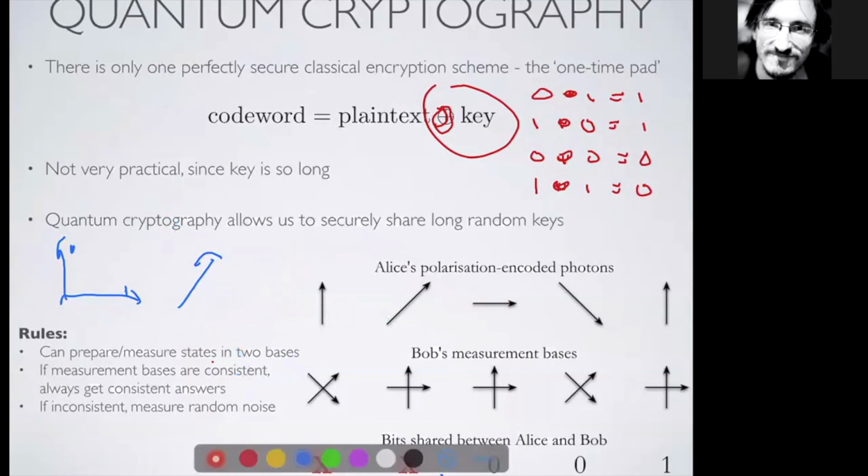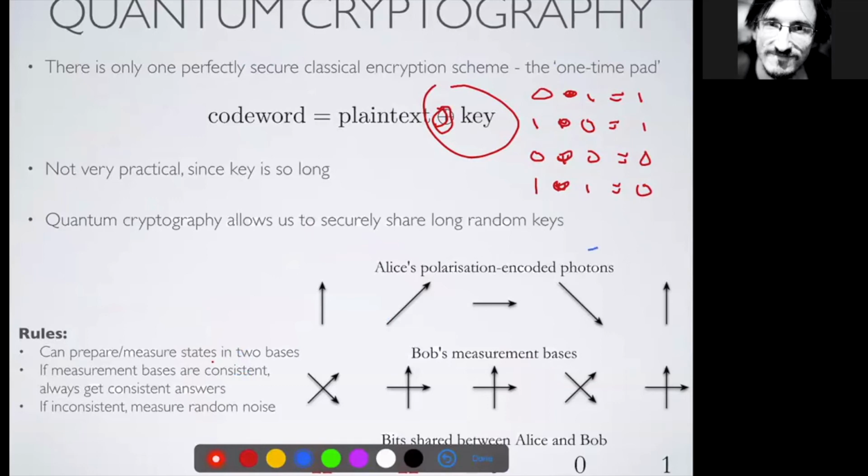So, combining those simple rules, what I do is I randomly prepare a whole bunch of photons, and I randomly choose the basis, in other words, horizontal-vertical or diagonal-anti-diagonal. I randomly choose those, and within each basis, I randomly choose whether it's horizontal or vertical, diagonal or anti-diagonal.